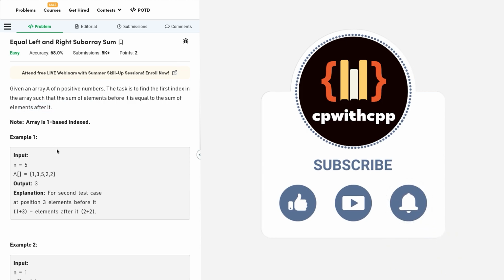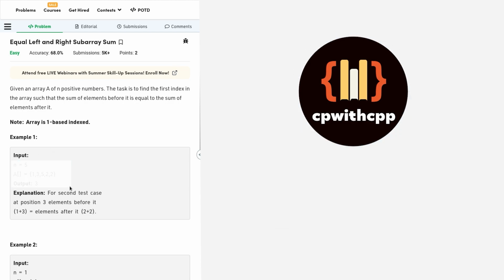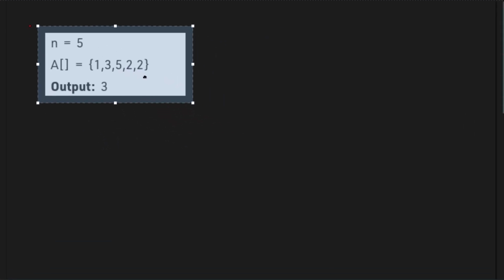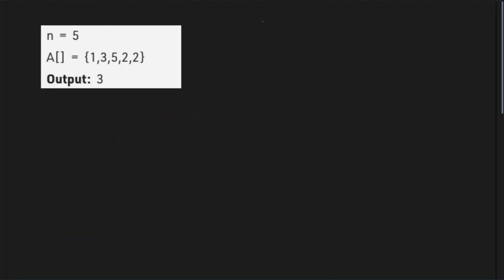So let us discuss the first sample test case. This is the sample test case that we have, and if you see, the answer for this particular test case is 3, right? If I have the elements 1, 3, 5, 2 and 2, this is the first index, this is the second index, this is the third index, fourth and fifth index.